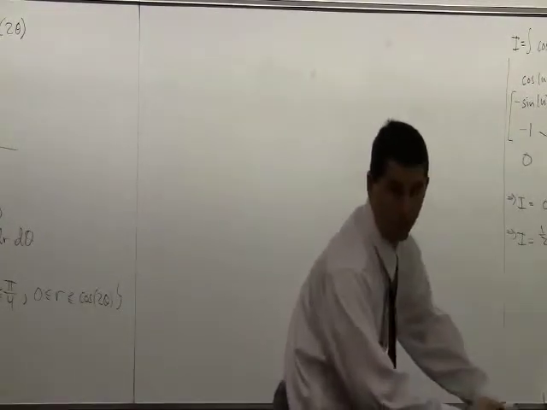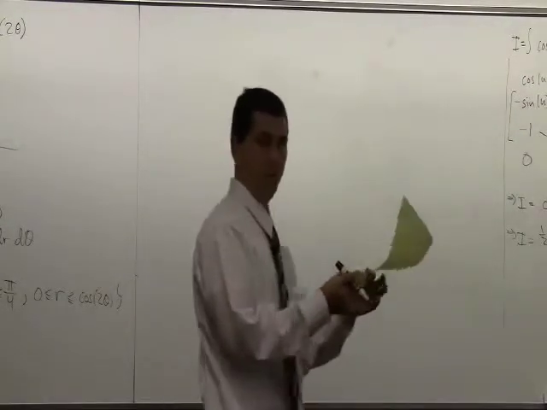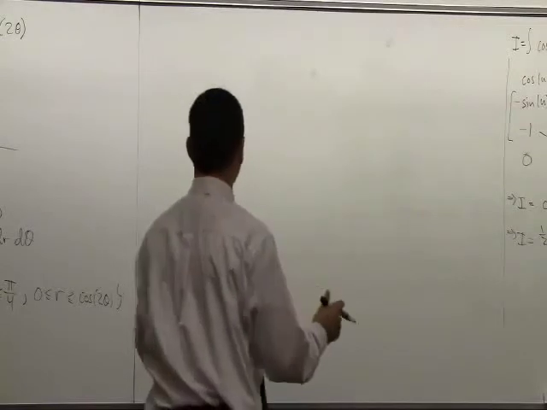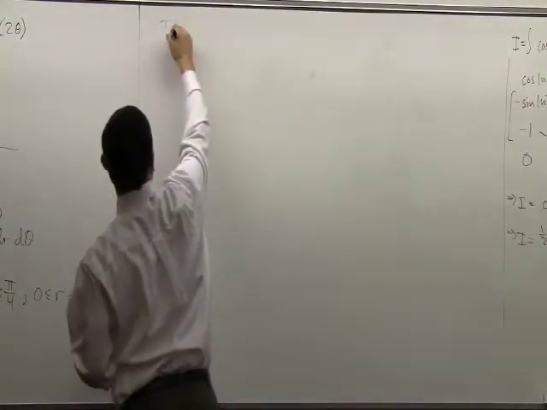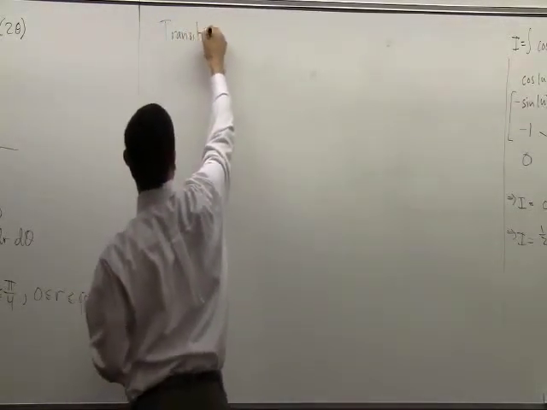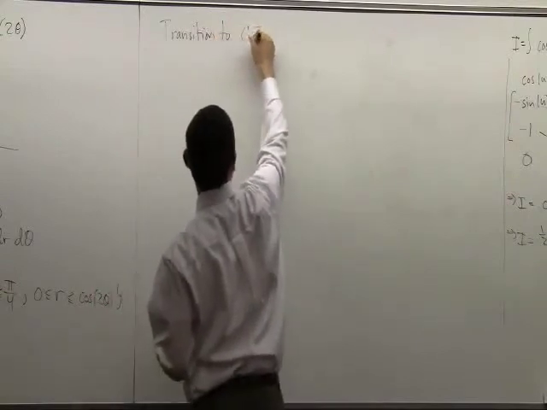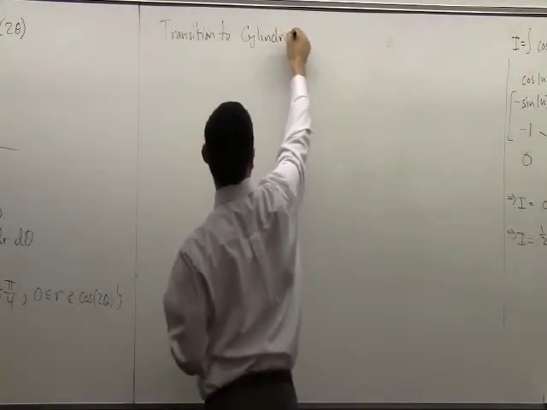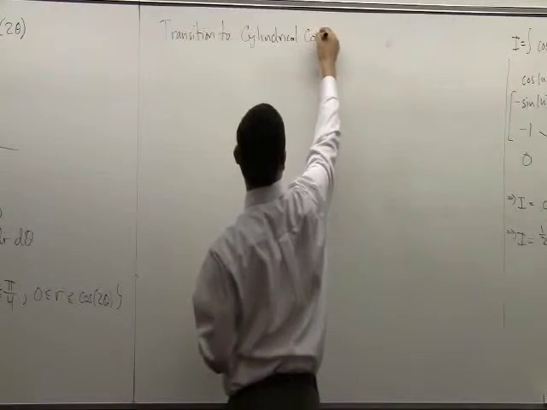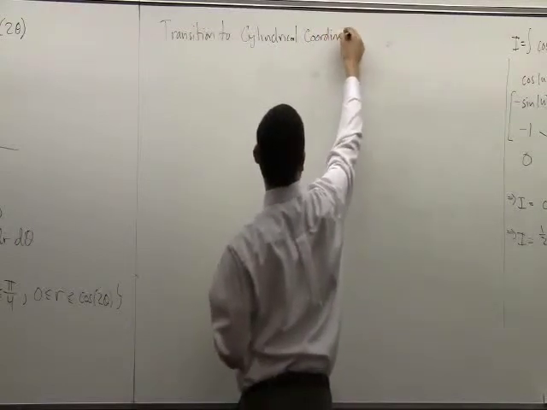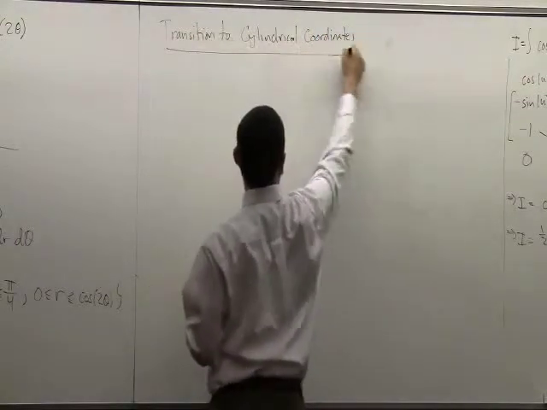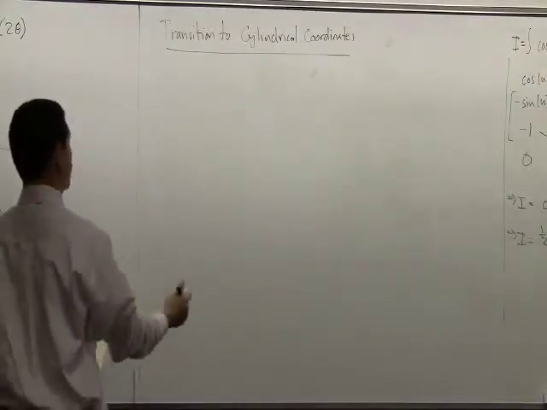I have to draw a picture that I have to look at. There's just too many lines on it. So now we're going to transition to cylindrical coordinates. So here's the picture.